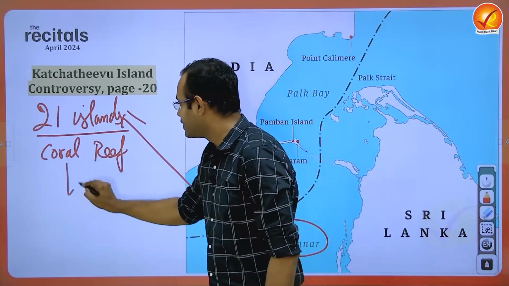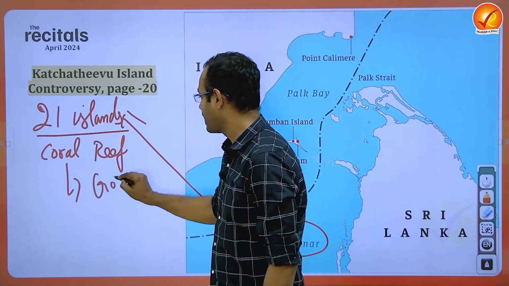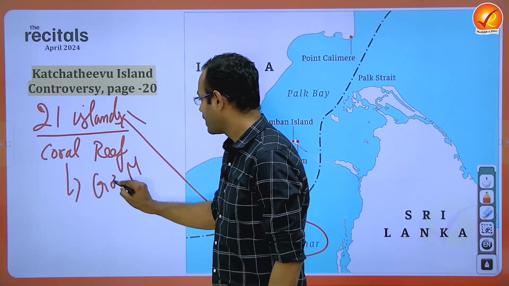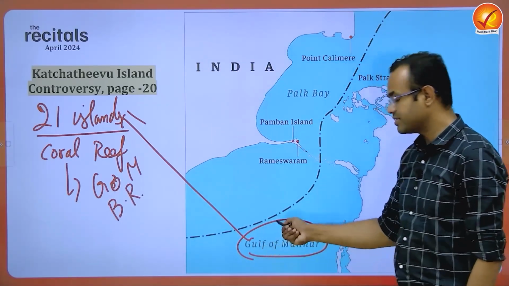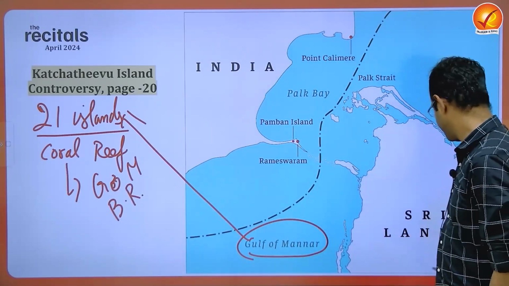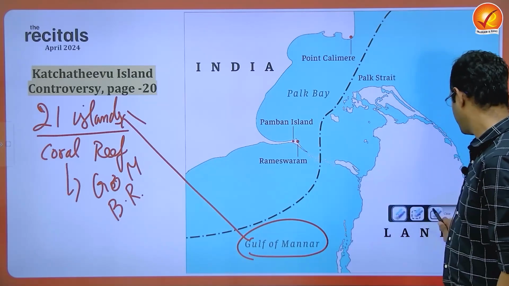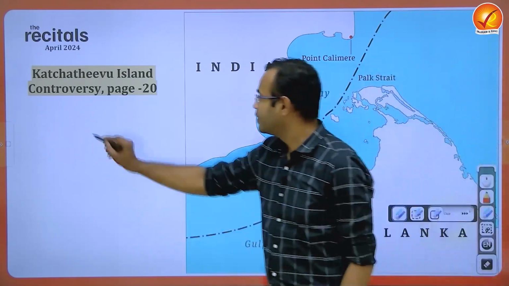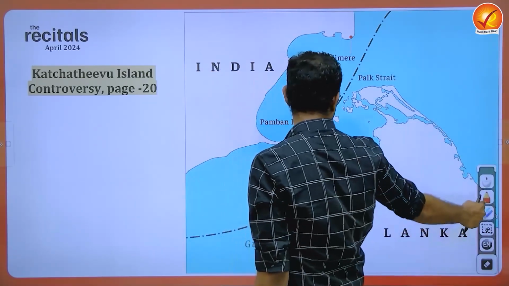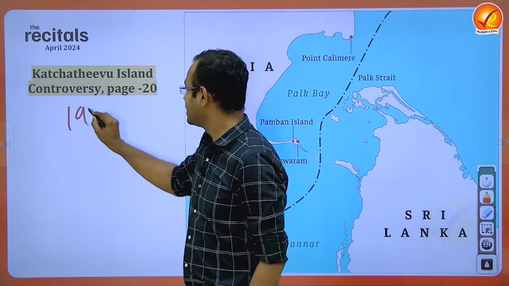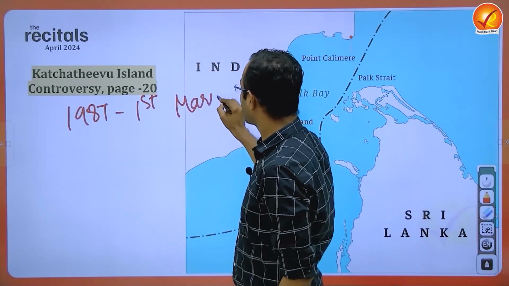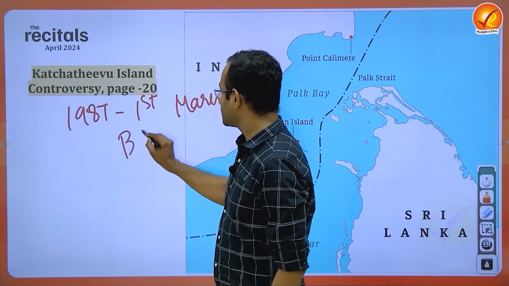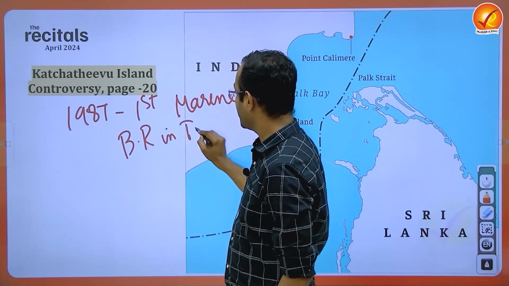The Gulf of Mannar is a Biosphere Reserve, designated in 1987, the first marine biosphere reserve in India.